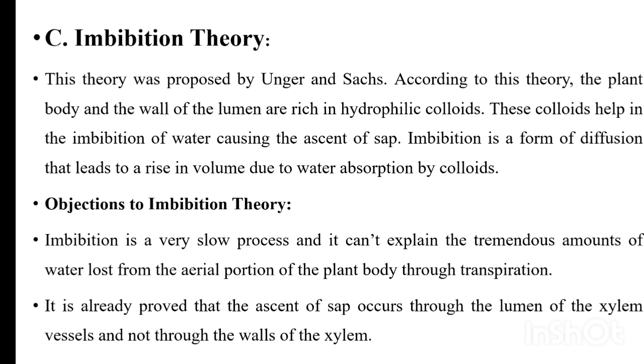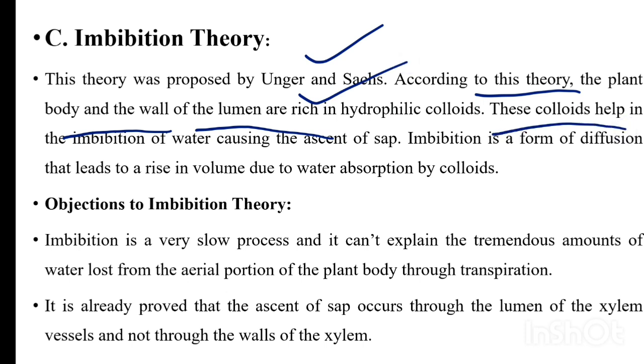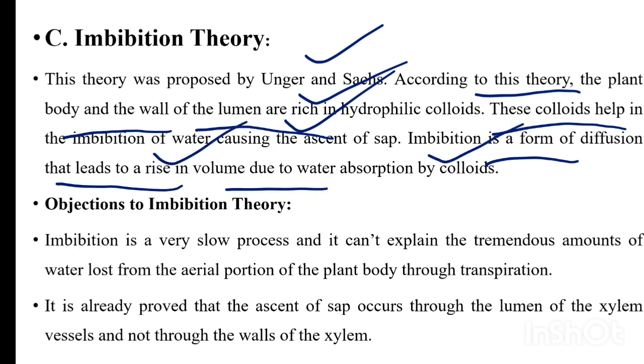Next, imbibition theory. This theory was proposed by Unger and Sachs. According to this theory, the plant body and the wall of lumen are rich in hydrophilic colloids. These colloids help in imbibition of water, causing ascent of sap. Imbibition is a form of diffusion that leads to a rise in volume due to water absorption by colloids. And what are the objections?